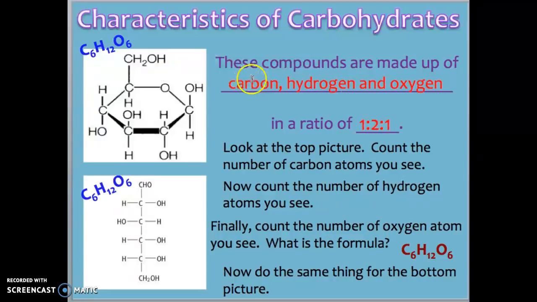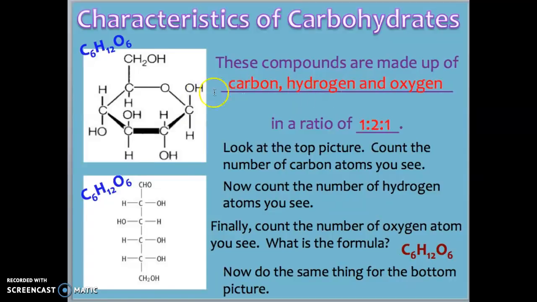One special thing about a carbohydrate is the ratio of carbon to hydrogen and oxygen will always be 1 to 2 to 1. So if I count here, starting with my carbons, I've got 1 here, 2, 3, 4, 5, 6. So I have 6 carbon.